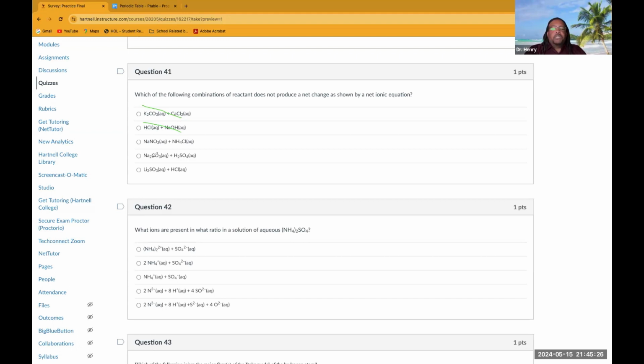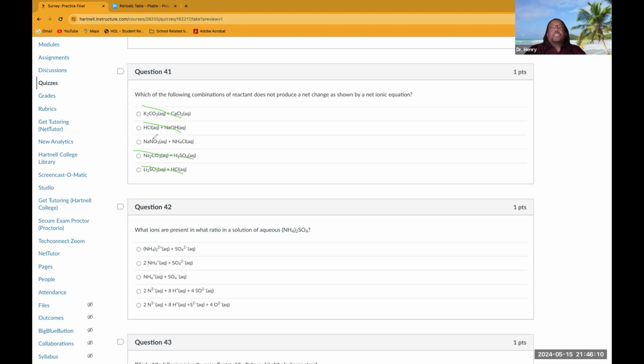That decomposes to carbon dioxide and water, so that one is also out of the question. And when we have hydrogen and sulfite, it decomposes to SO2 and water.